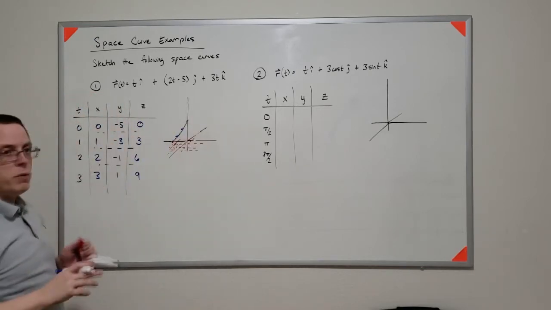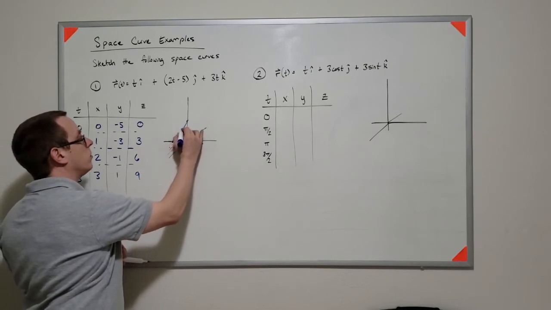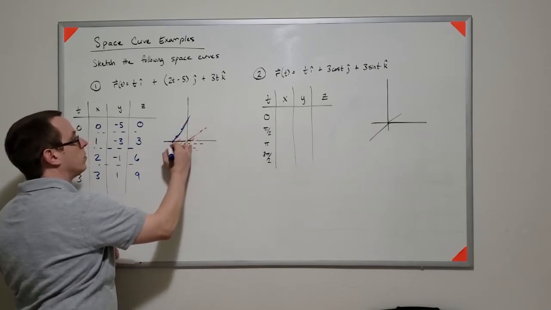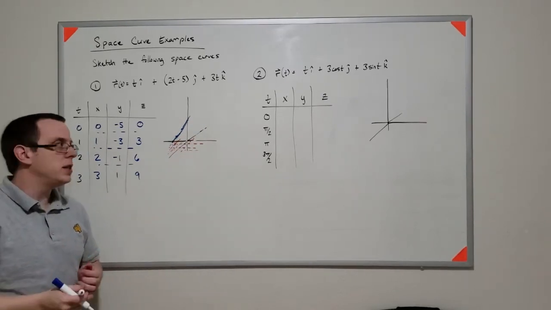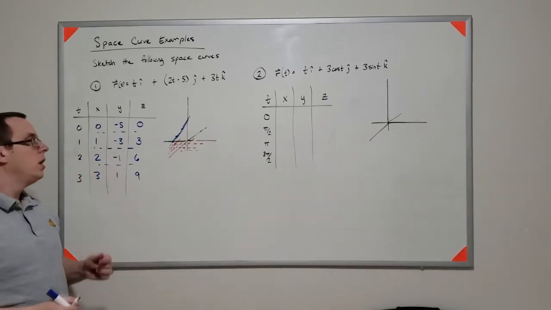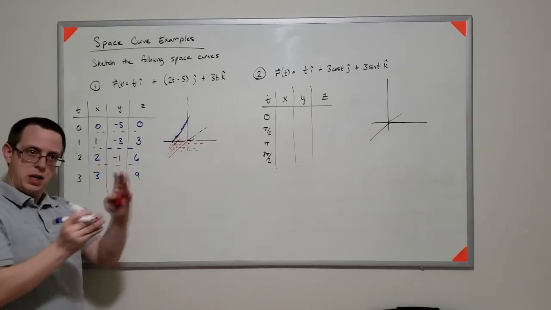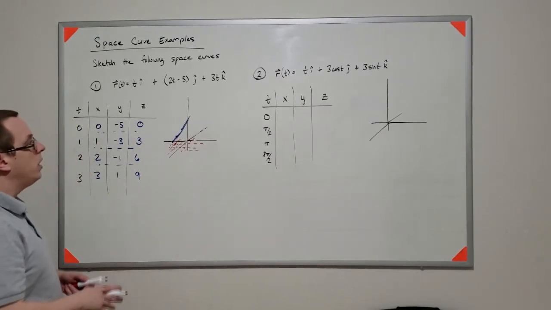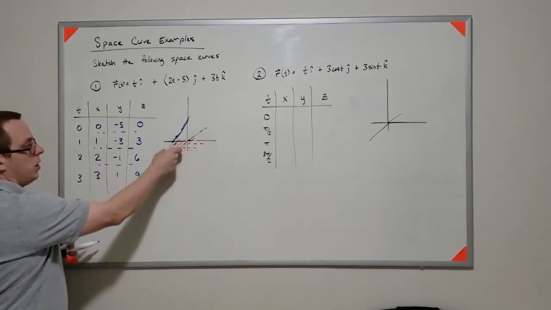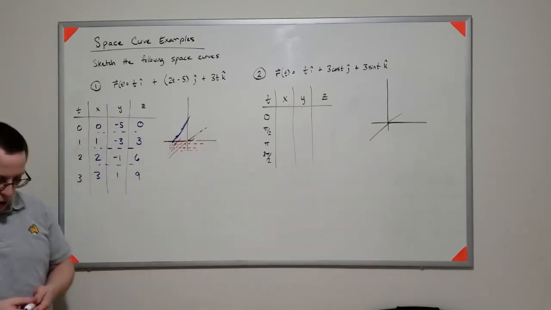What we have is pretty much a straight line through. So that one's not perfect, but the idea is it's coming out of the board. Maybe I might have rotated the axis a little bit, and that's going to give us a better view of that. But in general, the idea here is you just plot these points over time. Now, this one's a little more interesting, so let's get to it.